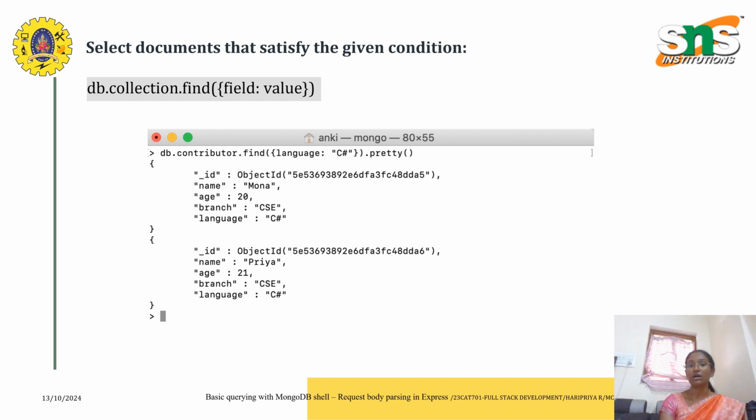Clear? The data will be displayed only for the C# language, based on your column and your values, so you have to set C#. These particular records will be displayed on your screen.